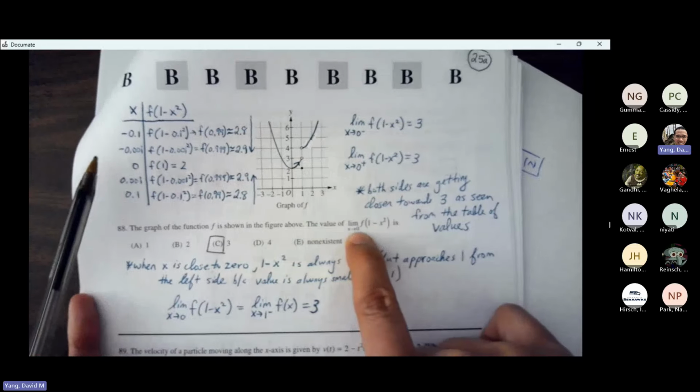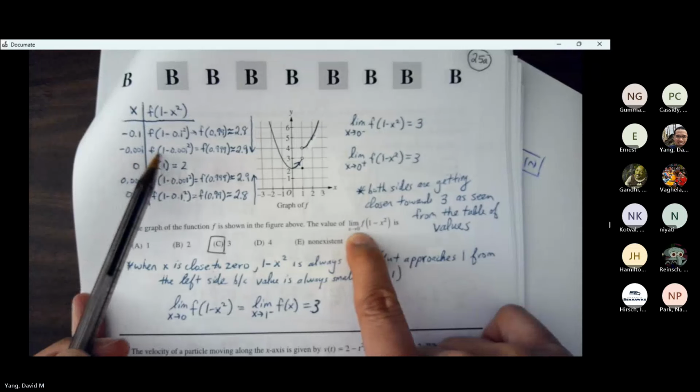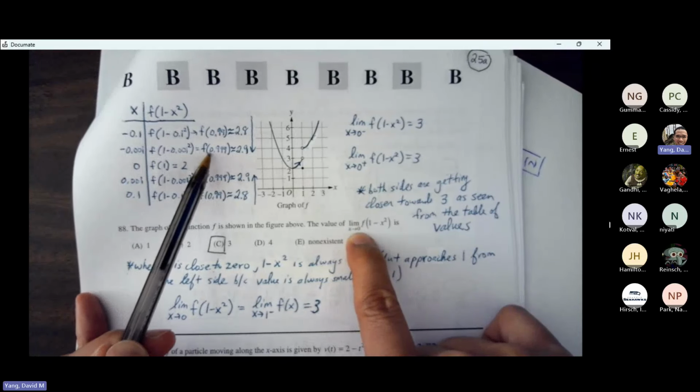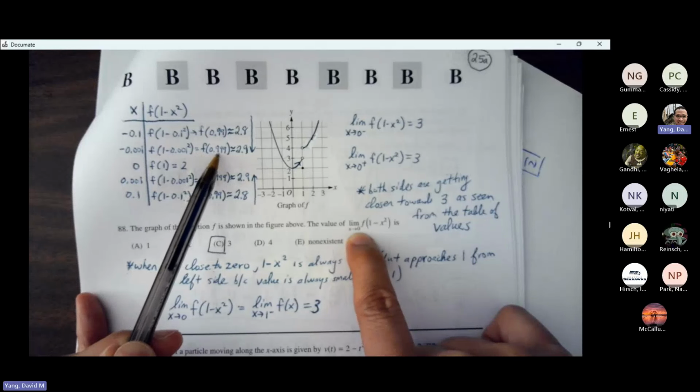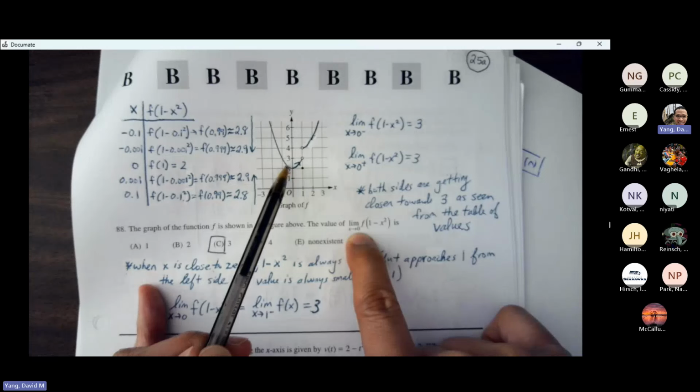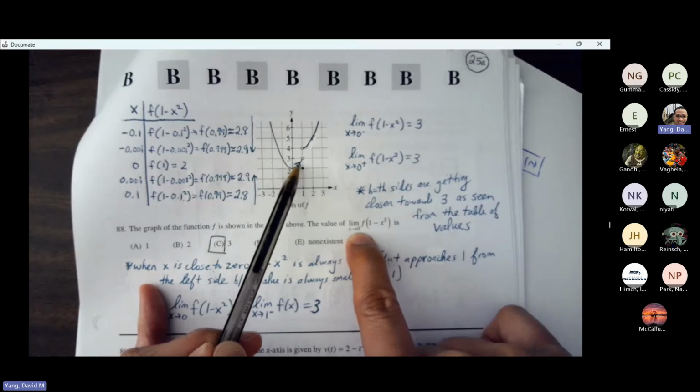Now, let's choose negative 0.001. 1 minus 0.001 squared is going to be even closer, also coming from the left side. So f of 0.99999, which is even closer. f of 0.999 is 2.9, right?